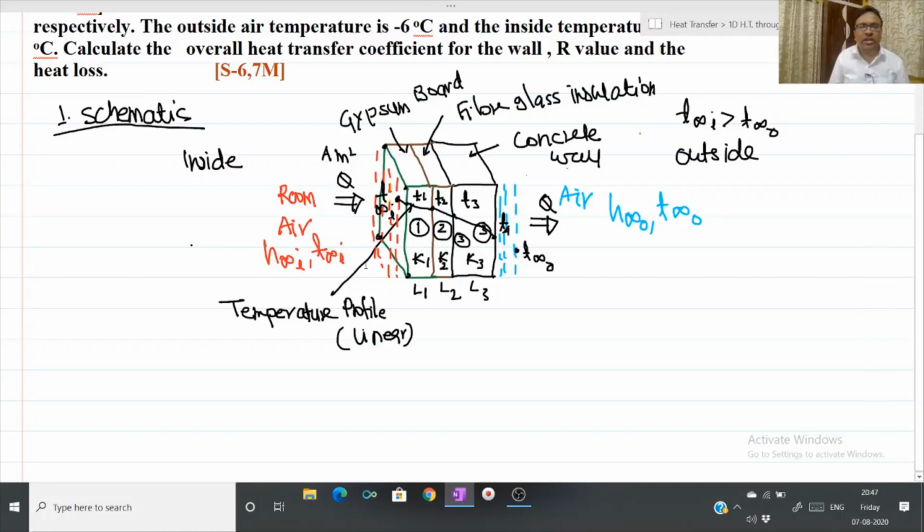Now let us draw the equivalent electrical circuit of this arrangement. So the flow quantity will be Q, heat transfer rate.